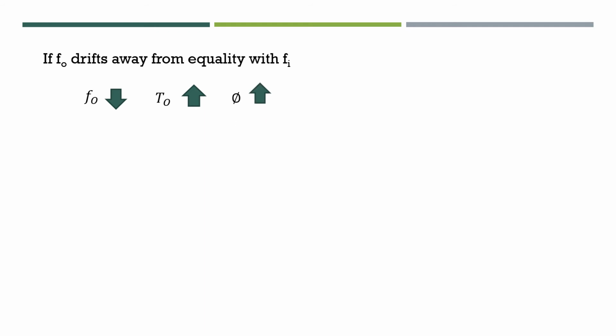If T0 increases, the phase angle phi also increases. If phase angle phi increases, the positive pulse width, PW plus, also increases. If pulse width increases, VE, the average value of VD, increases. When the average value of VD increases, the VCO output frequency F0 also increases.